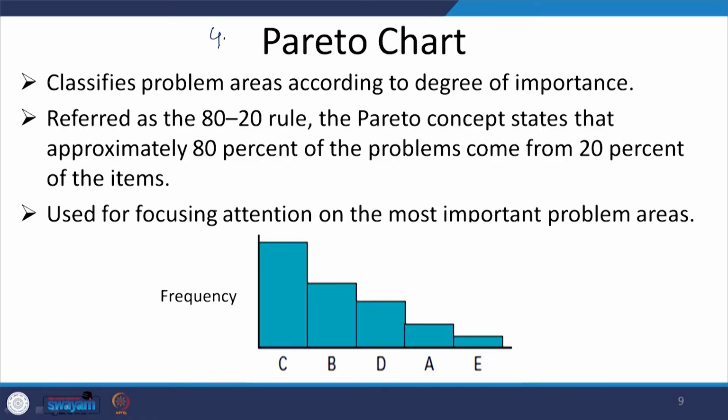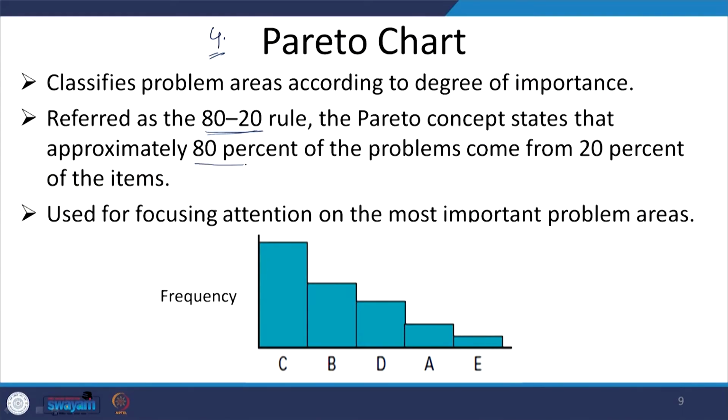Then we come to another very important QC tool, and this is a very popular kind of QC tool. Already we had one small discussion about the Pareto principle in our ABC analysis of inventory management, where we discussed this 80-20 rule, and you will see this Pareto principle is applicable across fields. It is not limited to quality control or inventory control.